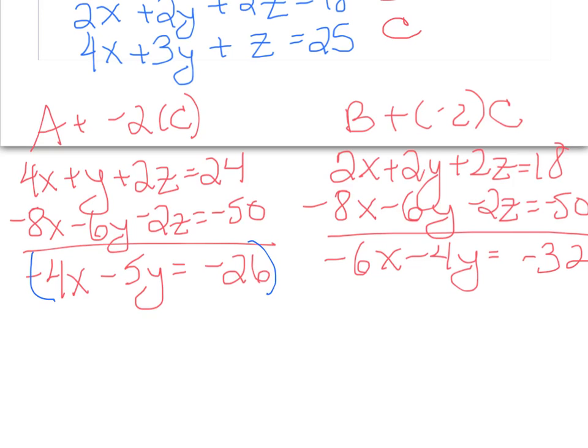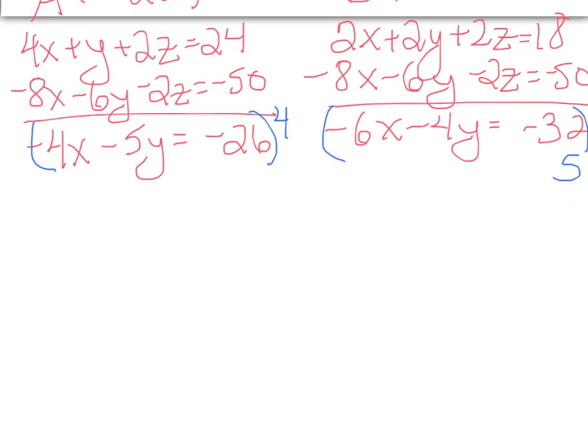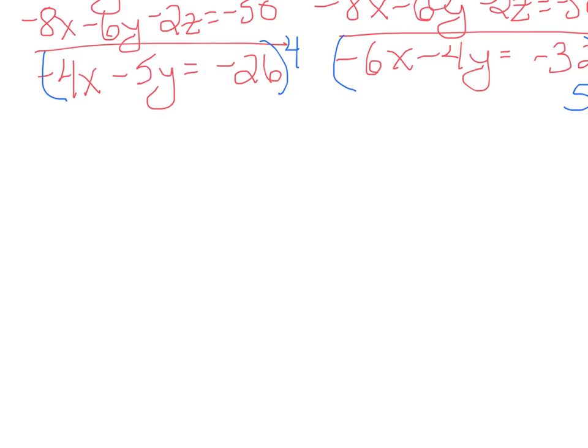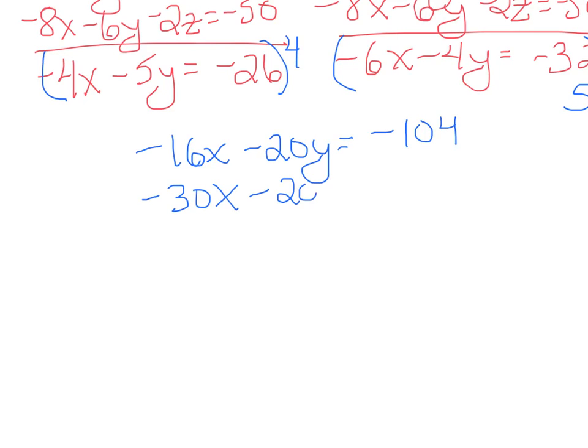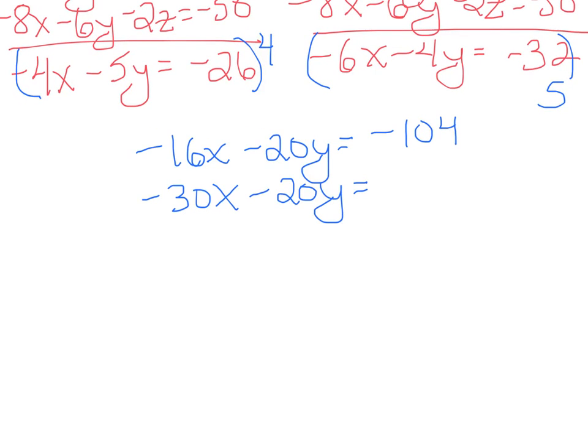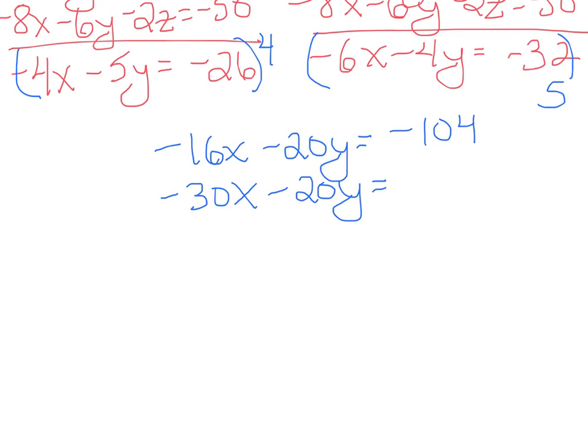So I'll multiply this equation by 4 and this equation by 5. So we get negative 16x minus 20y equals negative 104. And then this equation by 5, negative 30x minus 20y equals, what is that number? 32 times 5, negative 160.